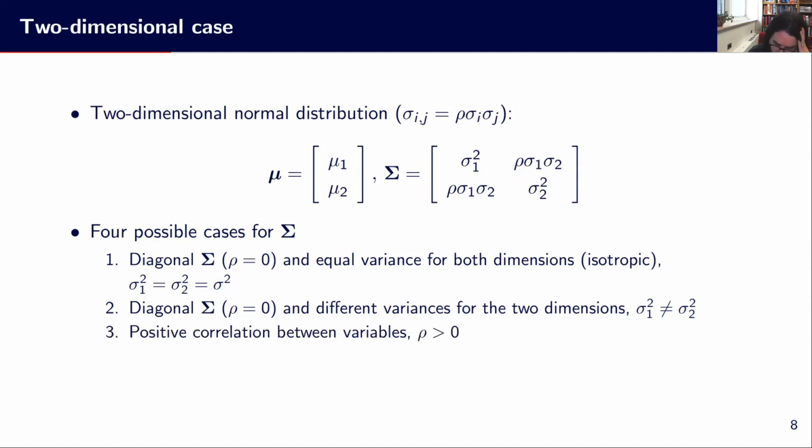If we have positive correlation between the variables, we have a case where it will be shaped in one way. And likewise, we can also get negative correlation. These 2 cases have non-zero values off the diagonal, describing distributions with different shapes.